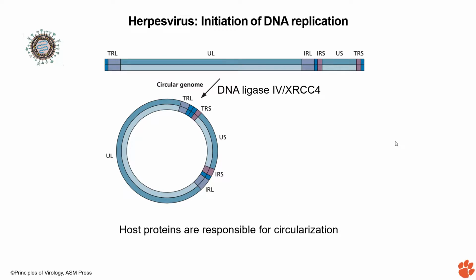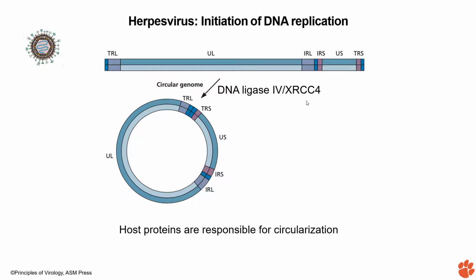All right, so first, as soon as this linear DNA enters the cell, delivered into the nucleus, it is circularized by DNA ligase 4 and XRCC4. Now remember that there is a very close tongue twister: CXCR4 is a co-receptor for HIV entry.